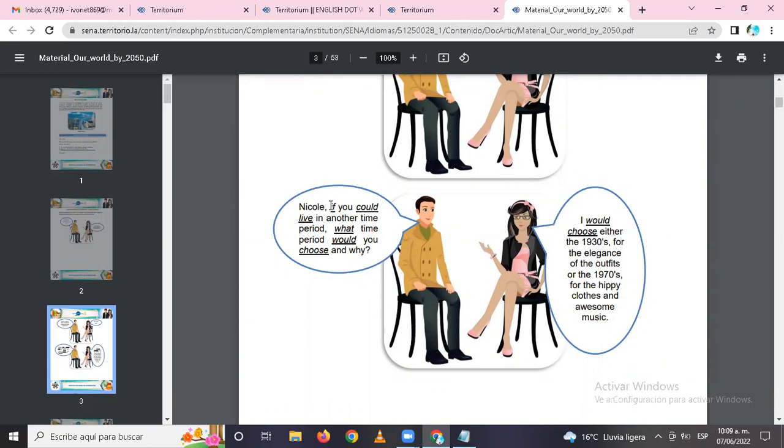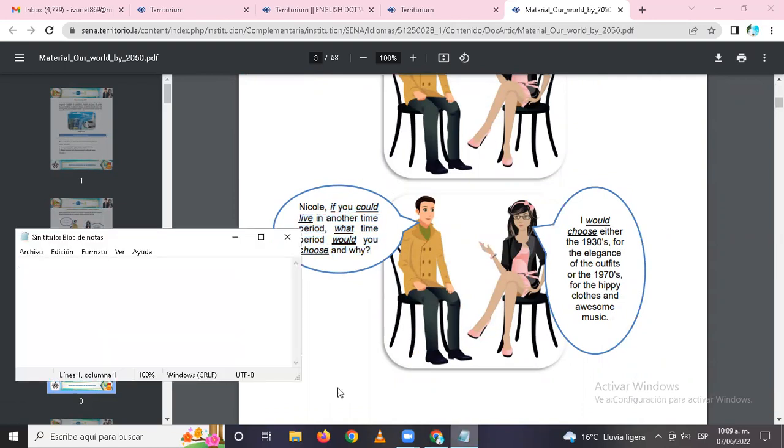So here we have the first example. If you could live, that is a hypothesis. So we use second conditional, a hypothetical condition. We use it for hypothesis.